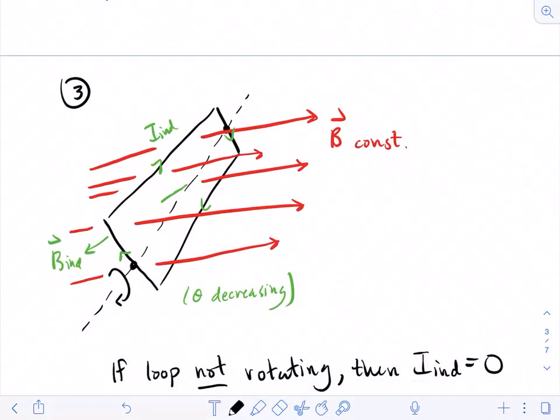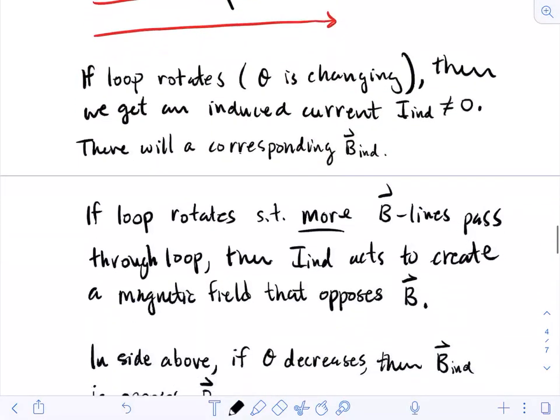If we rotated our coil so that we increased the flux through the loop due to the external magnetic field, the induced current acted to create a B induced that opposed that increase. If we did the opposite, if we rotated in the other way so that the magnetic flux through our loop was decreasing, then B induced would act in the other direction to try to sustain that flux.